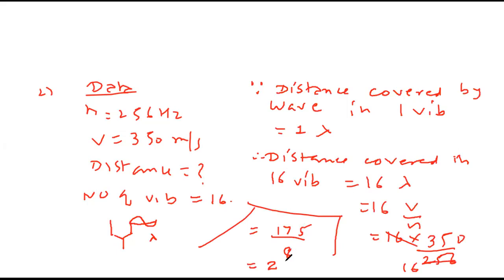So 8 into 1 is 8, remainder 7, 70. 8 into 8 is 64, remainder 6, 60. 8 into 7 is 56. Sorry, the distance in one vibration is 1 lambda, so 16 vibrations is 16 lambda.